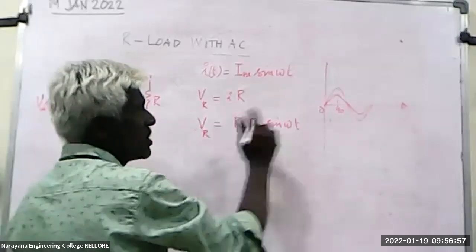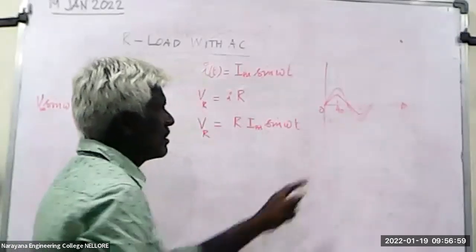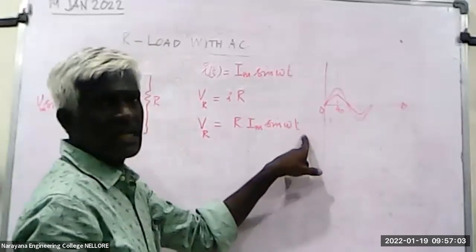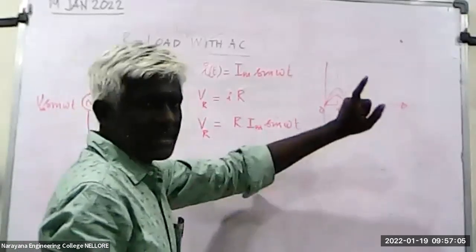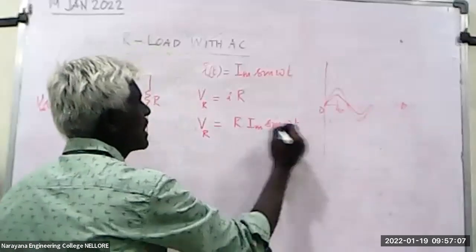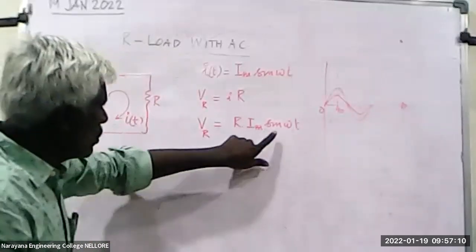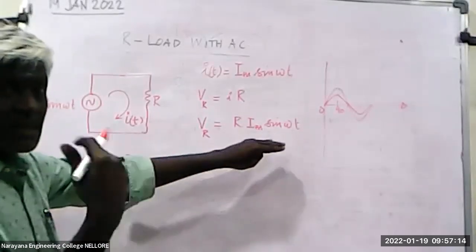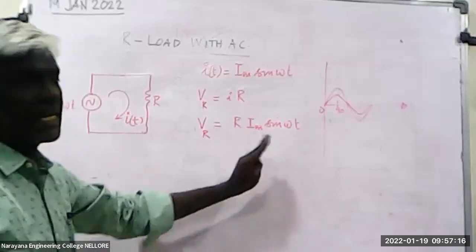At 270 you get a negative value because sine 270 is minus 1, and then sine 360 is 0 again. So my voltage and current are in phase. That is what we get mathematically, whatever we have seen earlier.